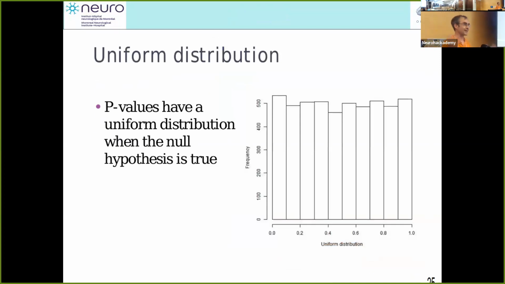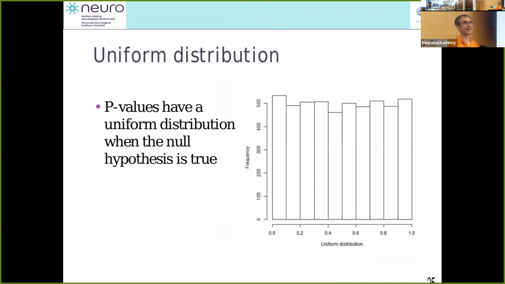The p-value has a very interesting property, and for those who maybe knew about that: the p-values under the null are uniformly distributed. I'm sure Ariel knew. No, he didn't. It's a very interesting property.